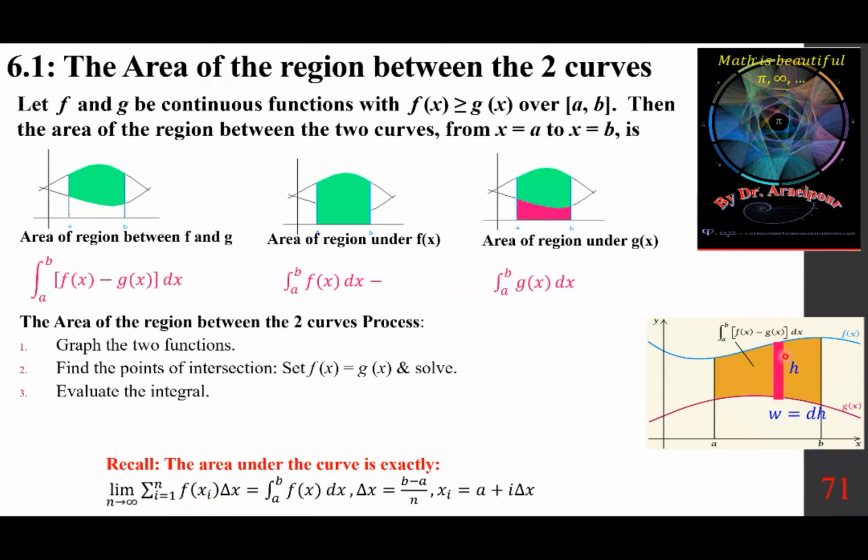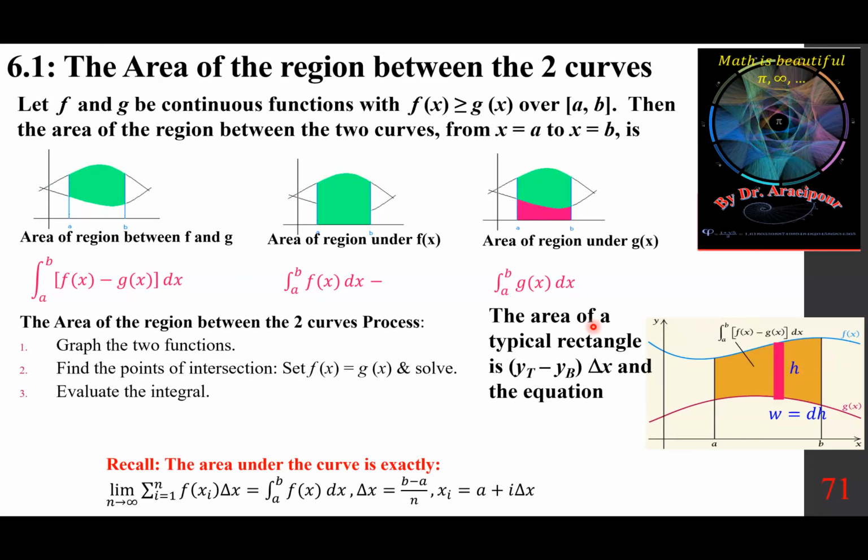It so happened the height is f of x minus g of x because f is on top of g of x, and dh happened to be dx. The reason I like to use h and dh is that you figure out what h is, and you figure out what dh is. dh is always dx or dy. So the area of a typical rectangle, we call this a typical rectangle, is y of the top, minus y of the bottom.